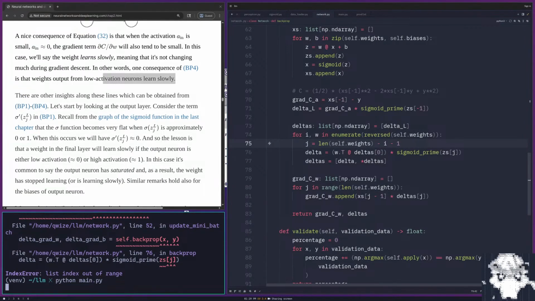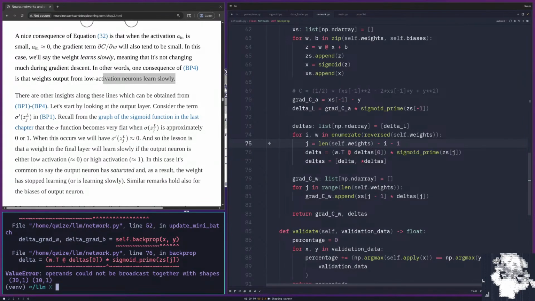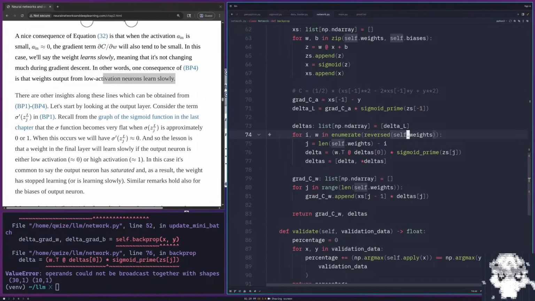So can I just do a -1 without thinking too hard about how to not be off by 1? That doesn't usually work, but let's see. Oh, interesting. So I think that means this has to be the way to do it. It's just that I have to not do the first one.